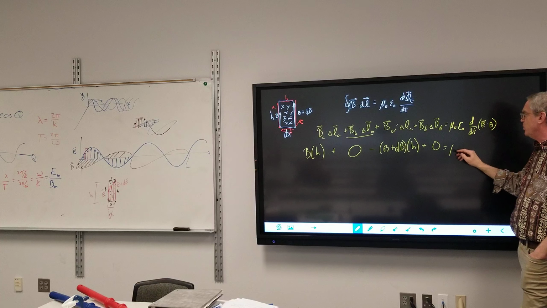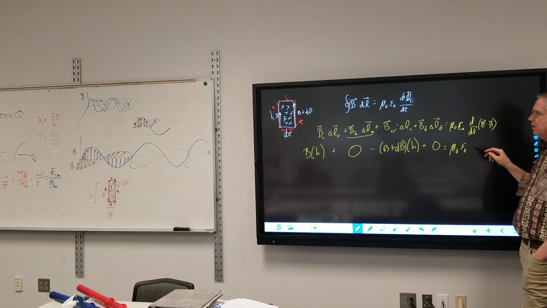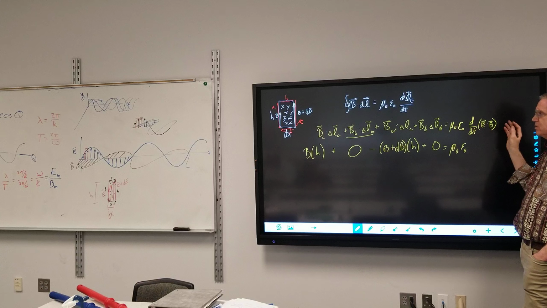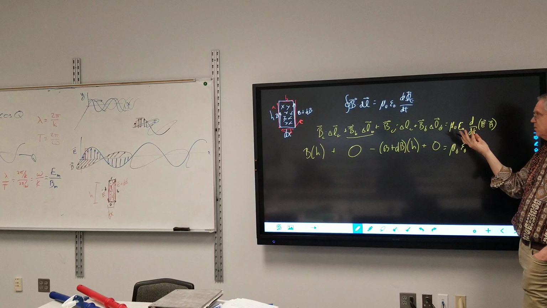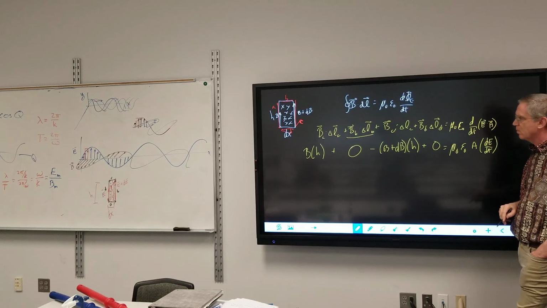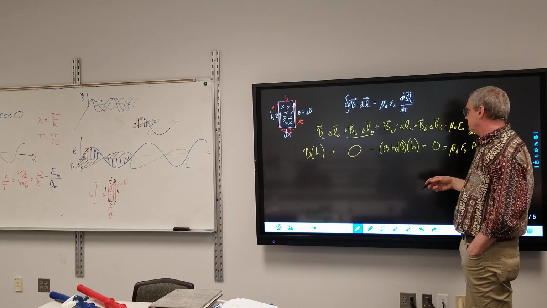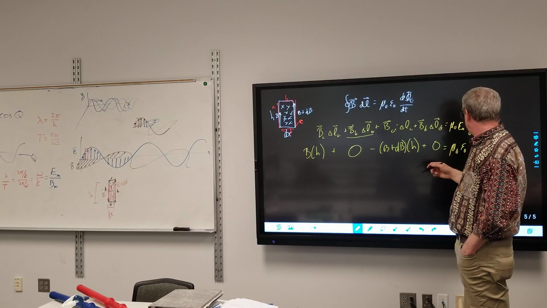And that's going to be equal to mu naught epsilon sub naught. E and A are in the same direction, so the area vector is constant, so I end up with A times d dt. Over on the left-hand side, I have a couple ways of doing this one.